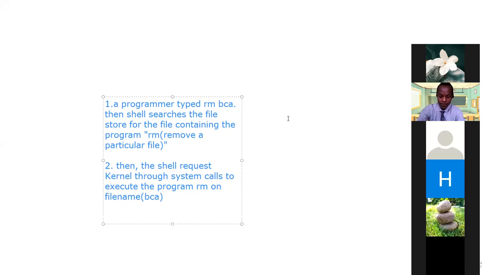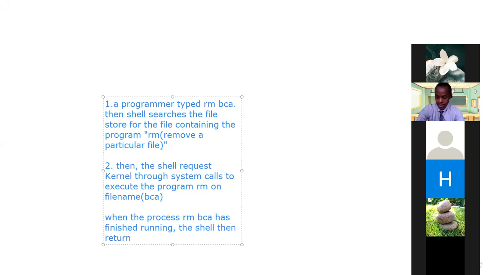And stage number 3, when the process rm BCA has finished running, the shell then returns the Unix prompt, let's say $, or it depends on where you are.